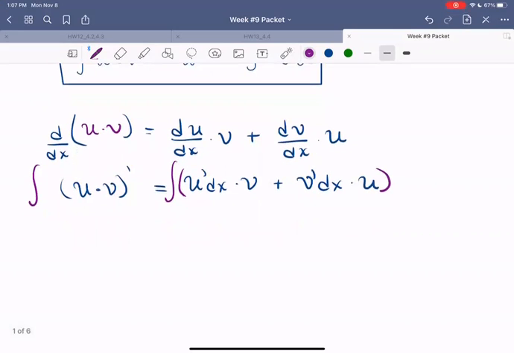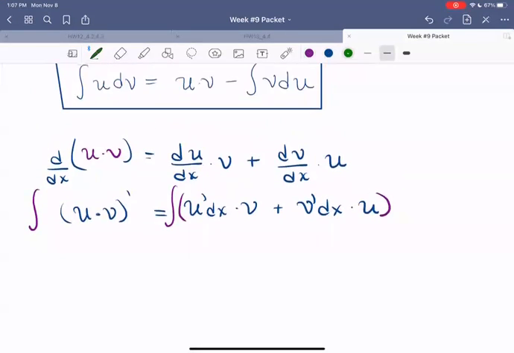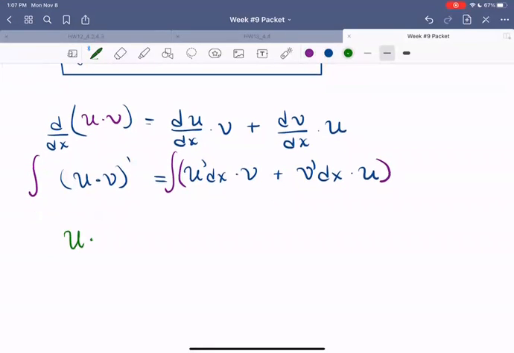On the left-hand side, the integral or the antiderivative of the derivative of u times v would just be u times v. So on the left, we get u times v. And then on the right, we get the integral of u prime dx times v plus the integral of v prime dx times u.